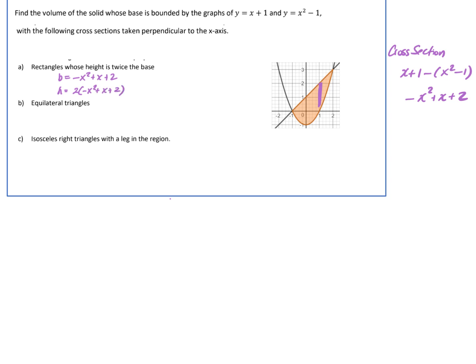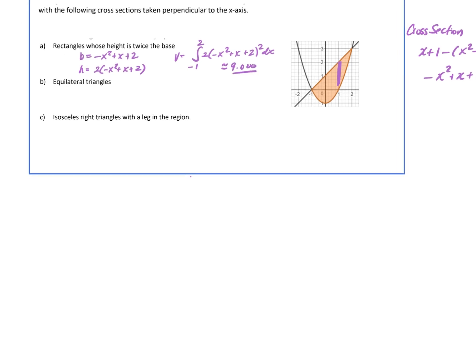So to get the volume, it's simply going to be the integral. So we're going from -1 to 2. So it's length times width, or base times height. So then it's 2, and then negative x squared plus x plus 2 squared dx. Okay? And that's what we're going to put into the calculator. And you get 9.0.